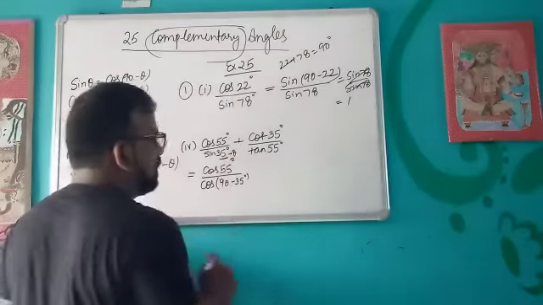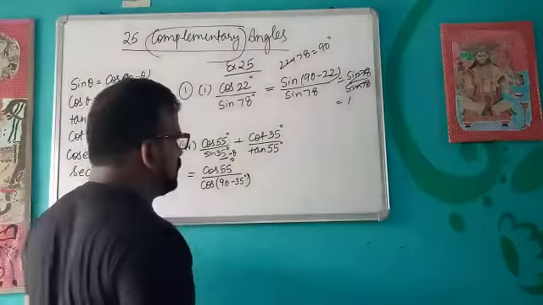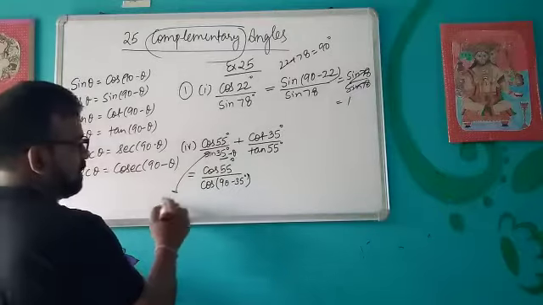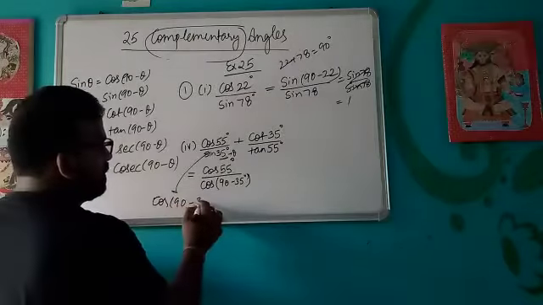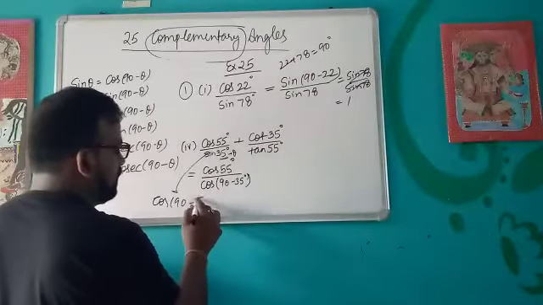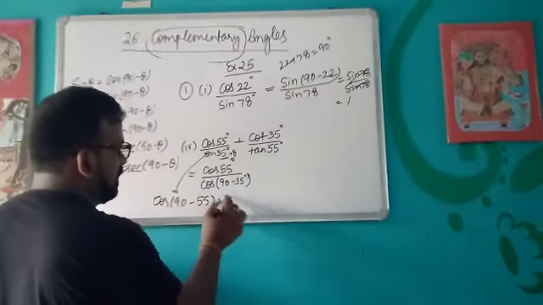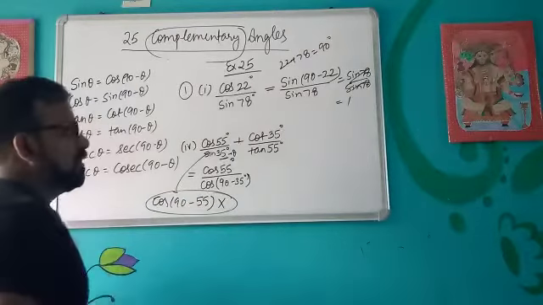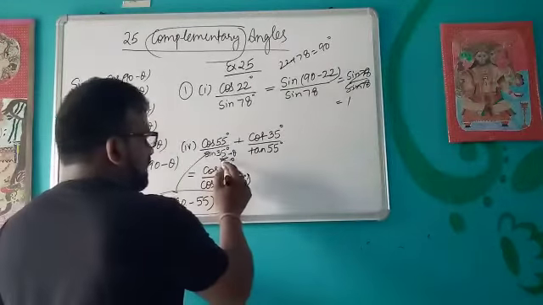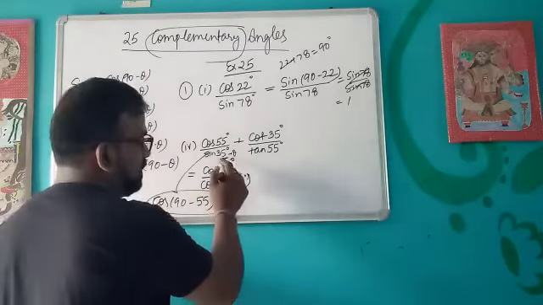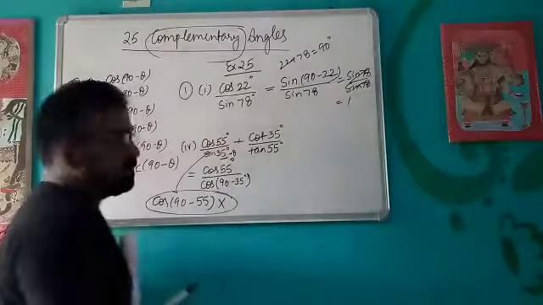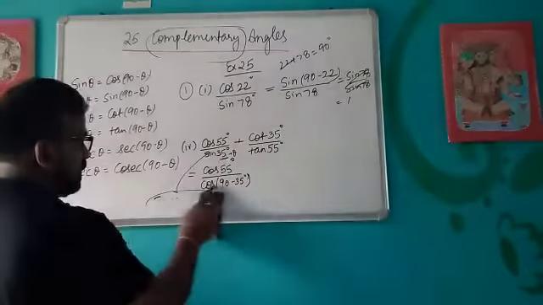Remember this. Don't be confused, do not write it like this, like cos 90 minus 55. Okay, it is absolutely wrong. You have to replace this sine theta, and you have to replace it by cos of 90 minus theta. This will be your theta. So don't make this mistake.